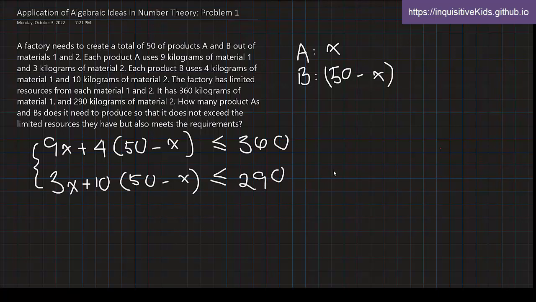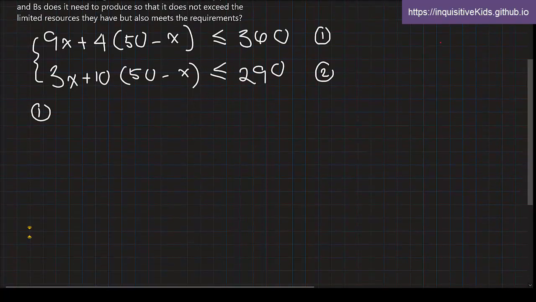Okay, so let's simplify each of them. Let's call this inequality number 1, and we'll call the other one inequality number 2. So let's first simplify inequality number 1, and I'm going to scroll down so we have more space. First we see the parentheses.